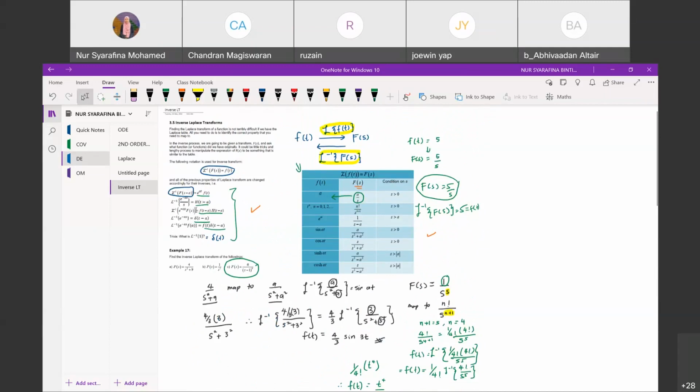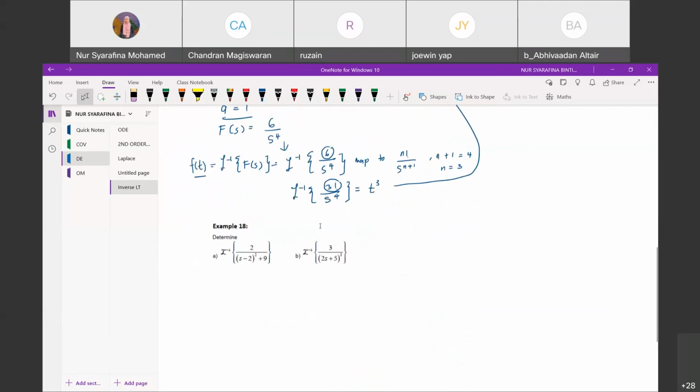The Heaviside function and the delta function consist of a piecewise function of a unit step, and delta with a piecewise function of an infinity range. Of course they are out. So what's left is F(s minus a).